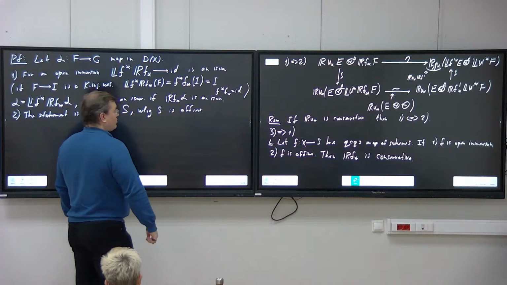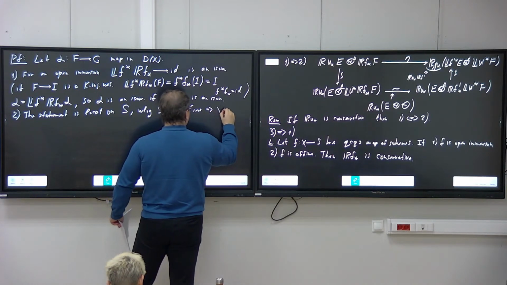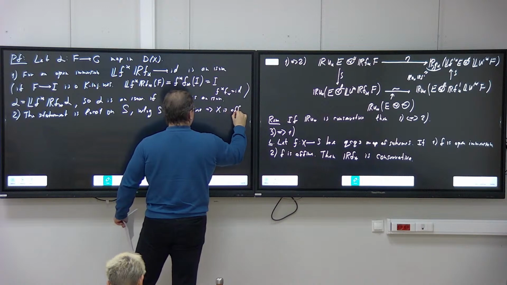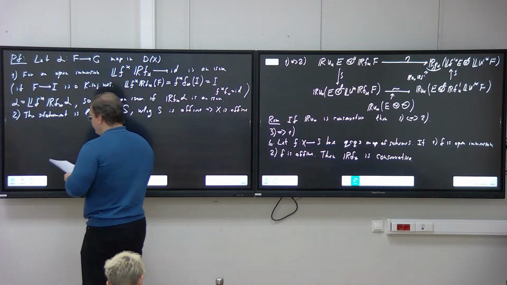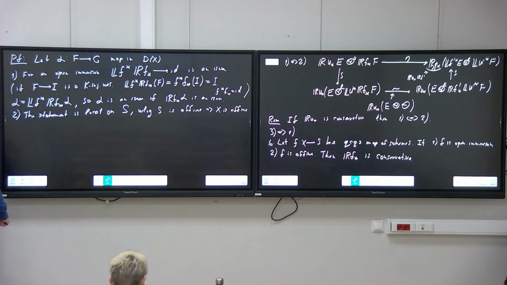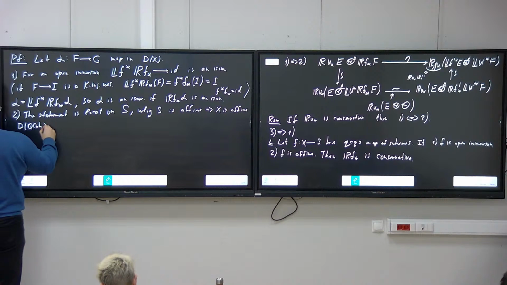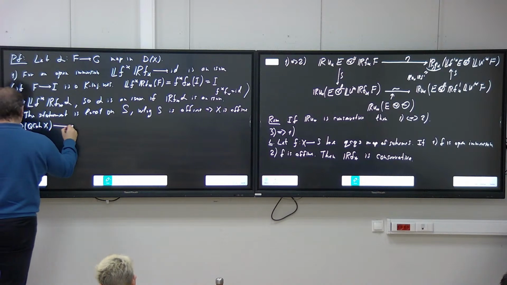So the map is also affine, hence X is affine. So we are doing some commutative algebra. Okay, so let me use the diagram that I was using in the previous lecture, and also prove the general version today.